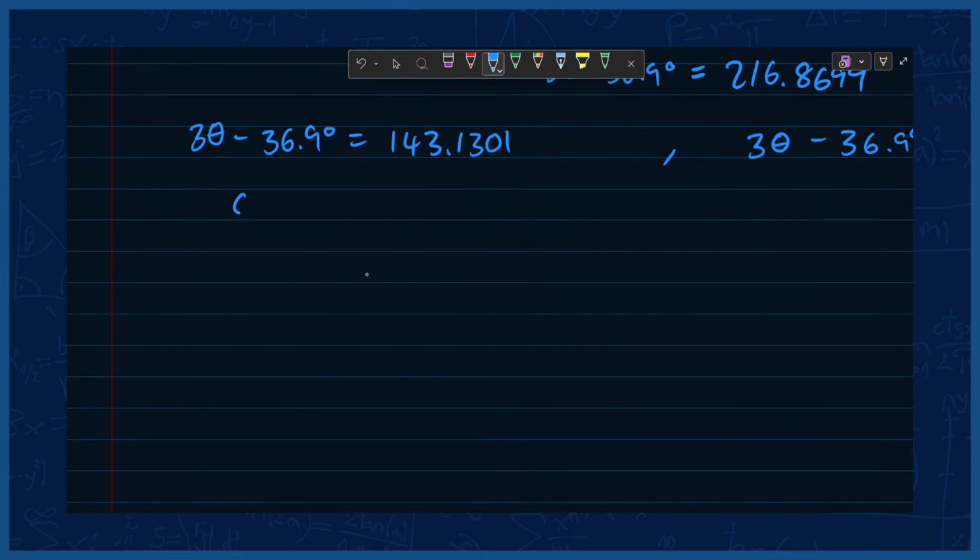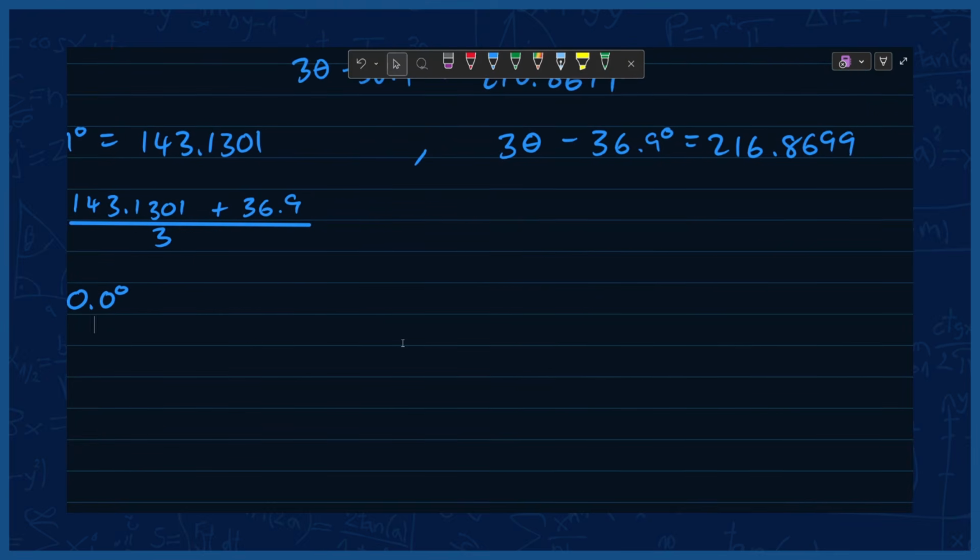Now let's actually solve for θ. To solve for θ, we add the 36.9, then divide by 3. So θ becomes 143.1301 plus 36.9, divided by 3. That gives us 60.0 degrees, which will be one of our solutions.